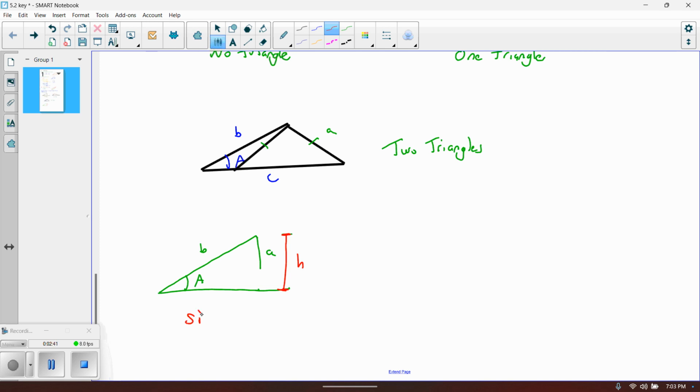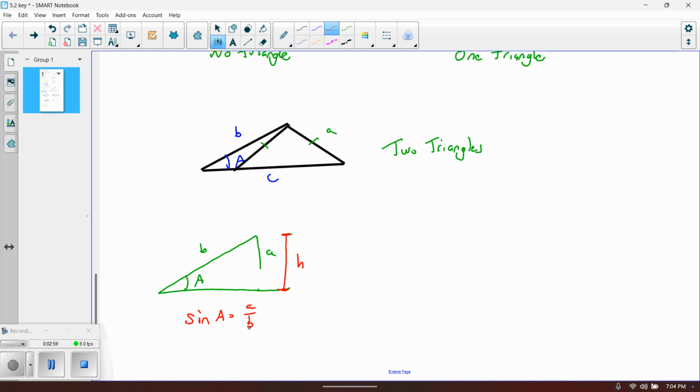So I know that sine of angle A is going to equal lowercase a over lowercase b. But lowercase a is what would represent that side, which would have to be the height.